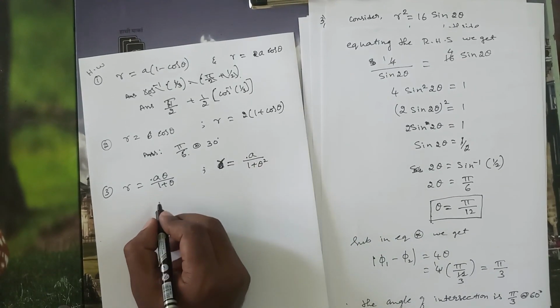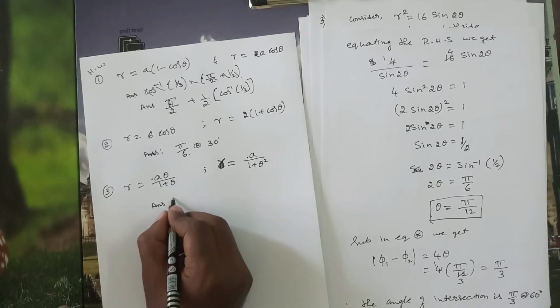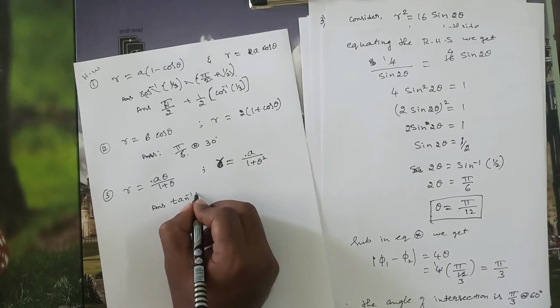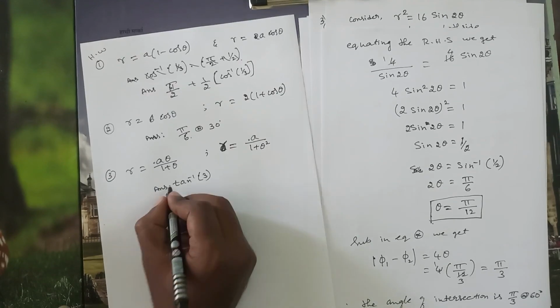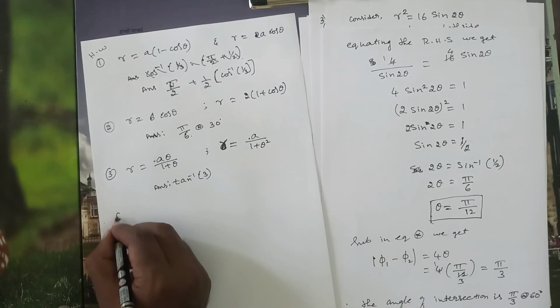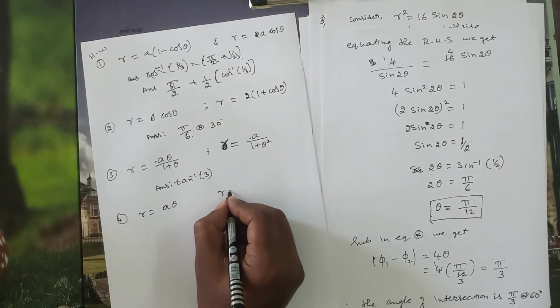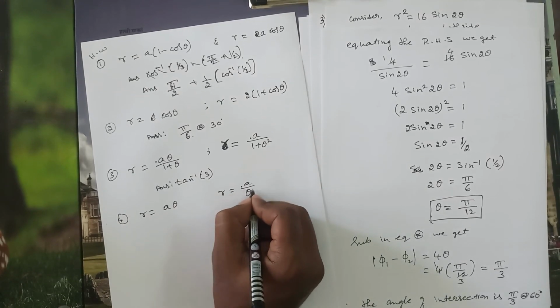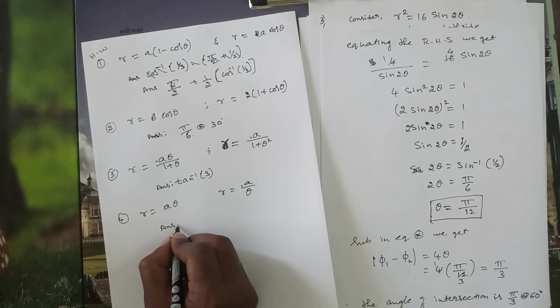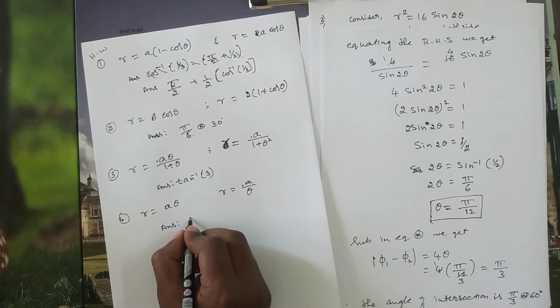The answer is tan inverse 3. Fourth one: r is equal to a theta, r equals a by theta. The answer is pi by 2.